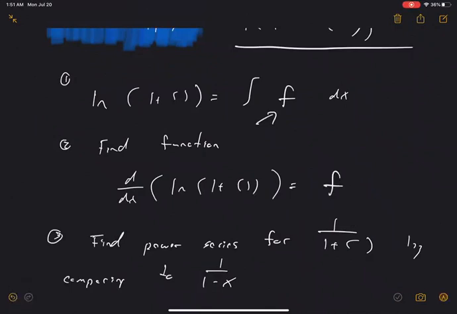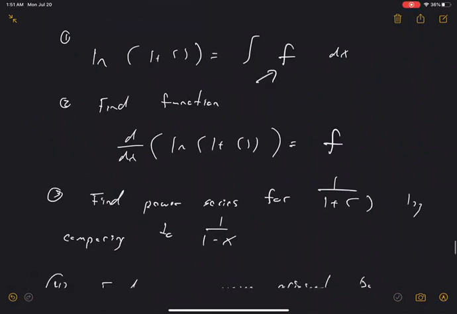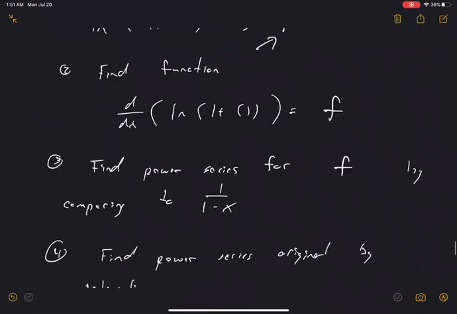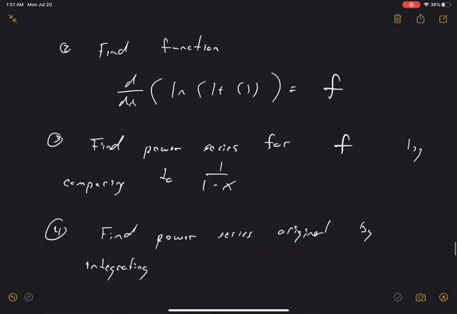I need to cancel out the integral, so I differentiate both sides. Then at that point I should know what my f is. Step 3, let's find the power series for f by comparing it to 1 over 1 minus x.